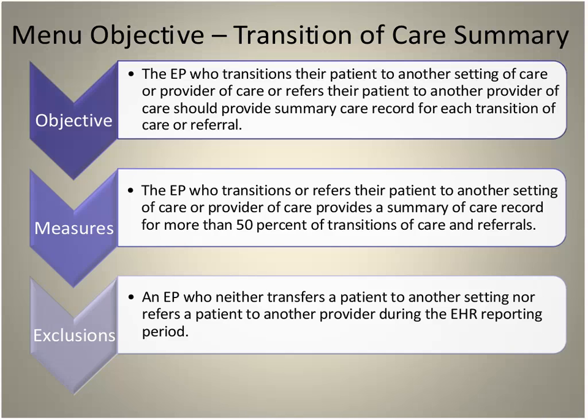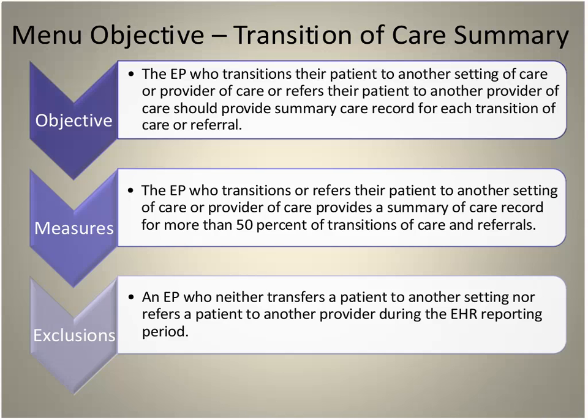The measure is that if you are the eligible provider who's referring their patient out or transitioning the patient over to somebody else, you have to provide the summary of care record for more than 50% of these transitions of care. The exclusion is any provider who doesn't transfer patients to another provider or to another setting.